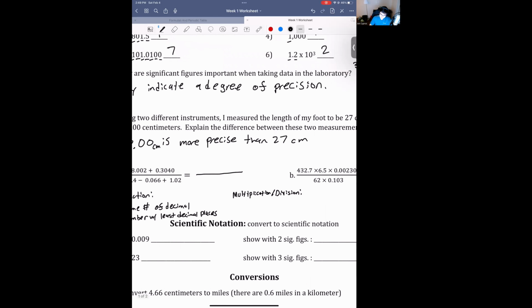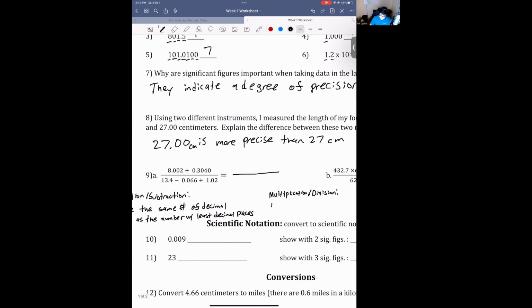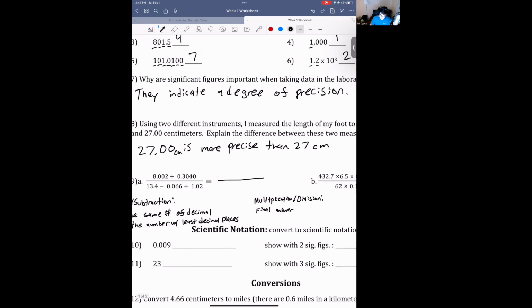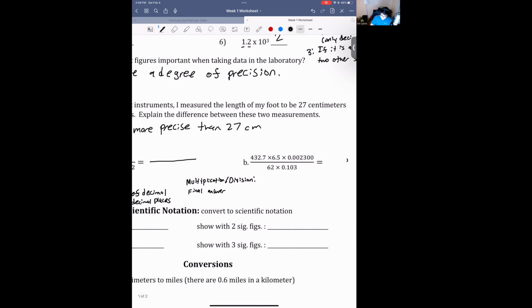Now for multiplication and division, the rule is going to be for your final answer, and that's also true for the addition and subtraction one, this is for the final answer. Same thing here.